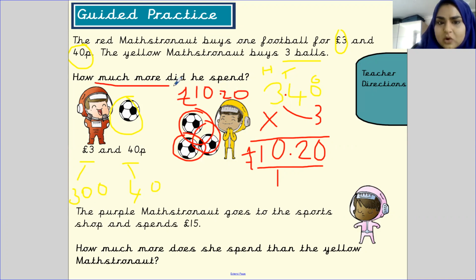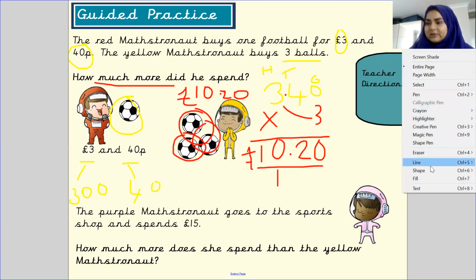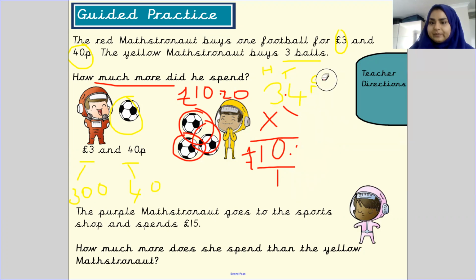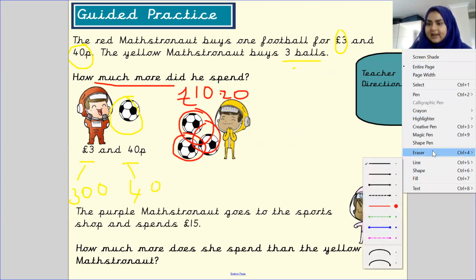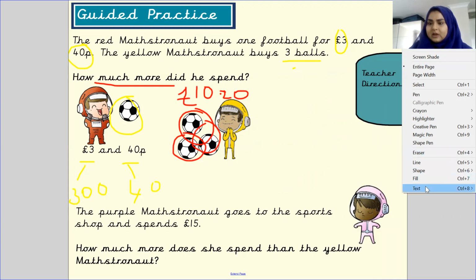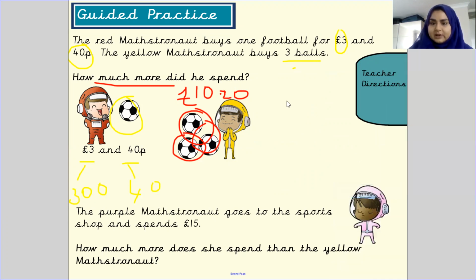But I need to find out how much more did he spend. So now for me to find out how much more did he spend, I need to take away the answers. Okay? I need to take away the red astronaut's money away from the yellow astronaut's money.